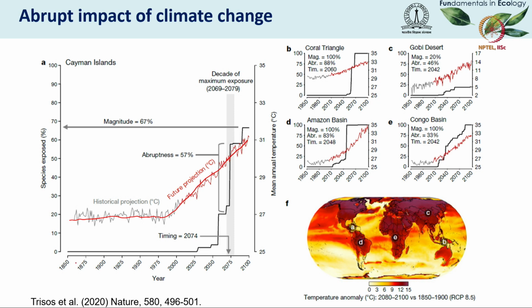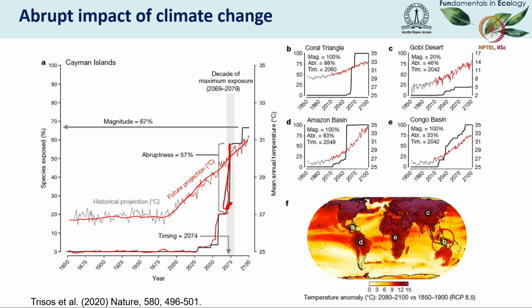And so you're seeing in historical time, 0% of species in that ecosystem are exposed. Suddenly then you get a jump at about 2075, where the percentage of species exposed jumps from 20% to 57%.